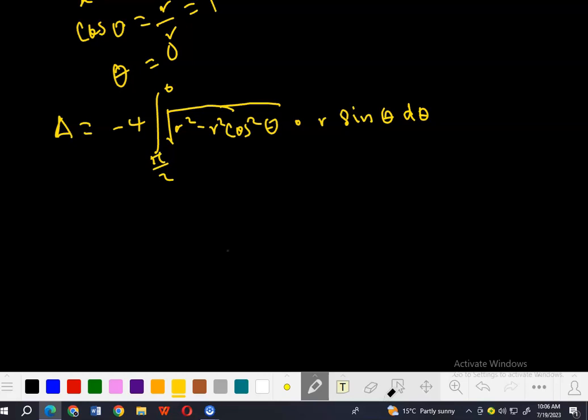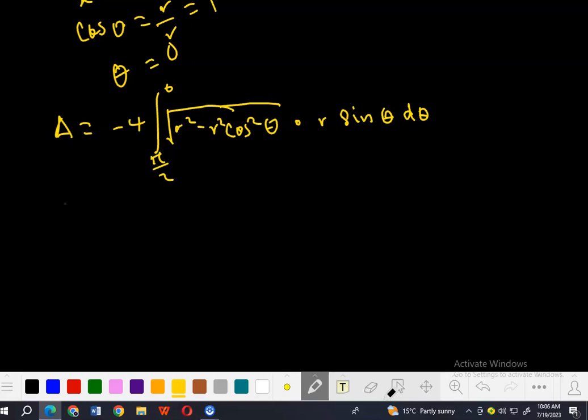Now what this tells you is that to remove this negative sign, we take the inverse of the function. So you just switch, bring this one to this side and bring 0 here.